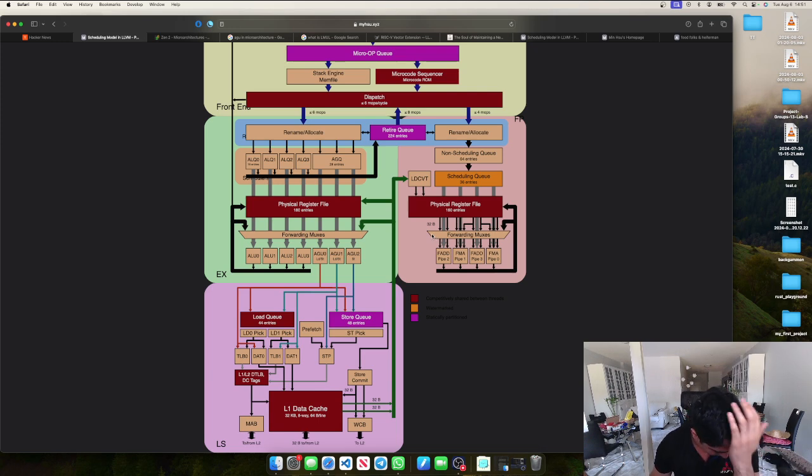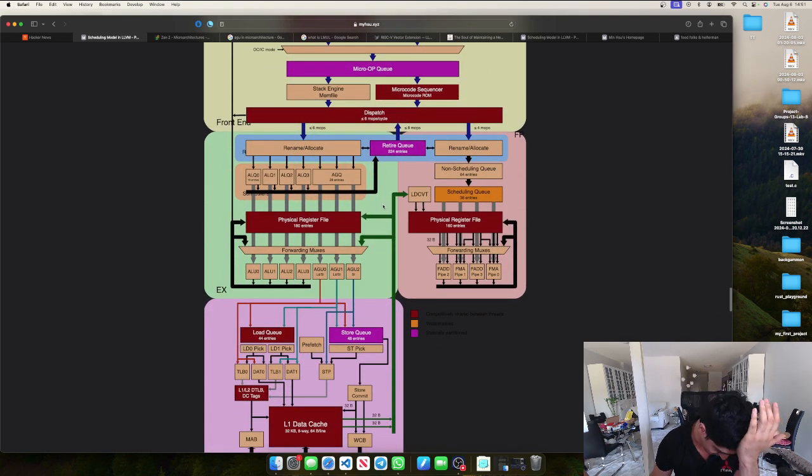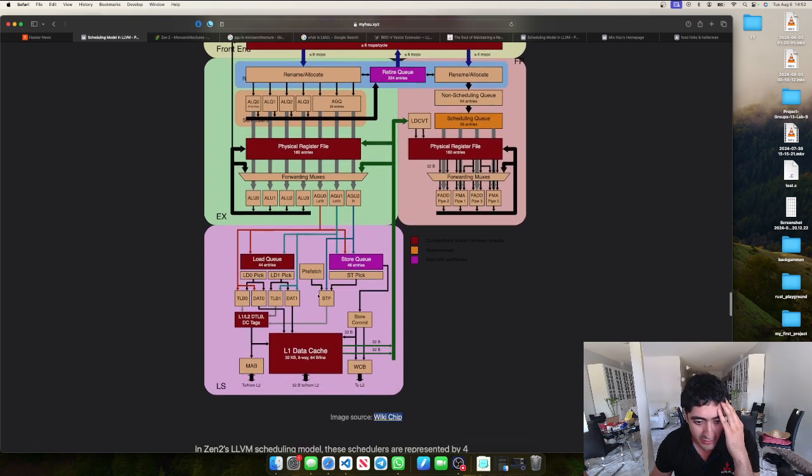Where did that come from? Buffer units: DTLB, DC tags, MAB, L1 data cache, WCB, store commit, store queue, store pick, prefetch.